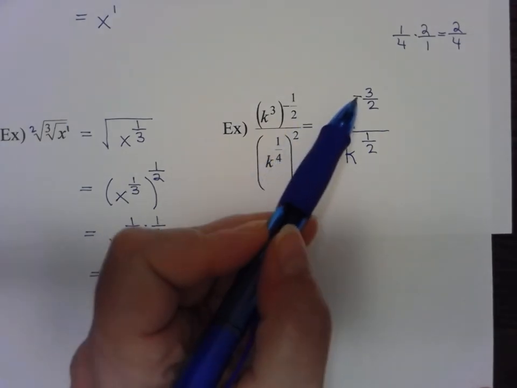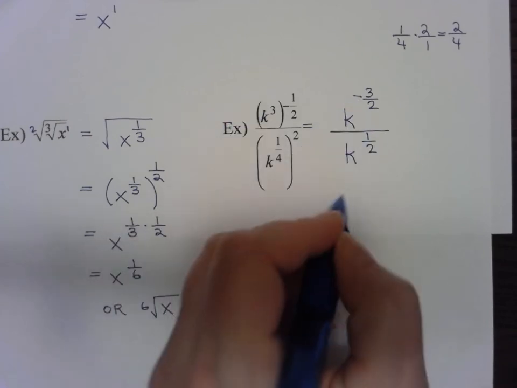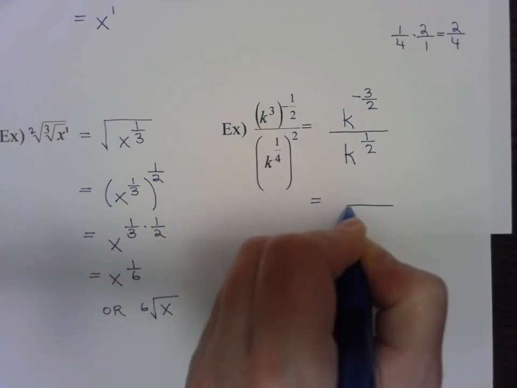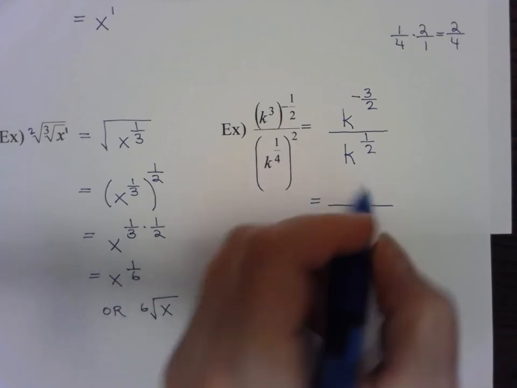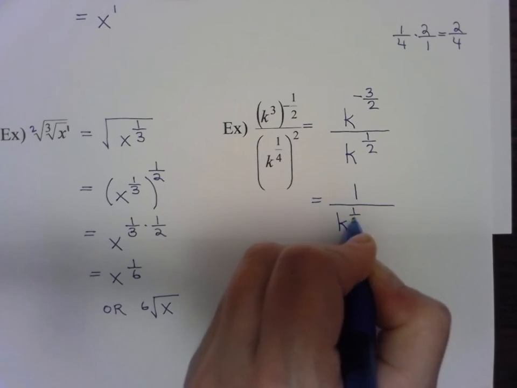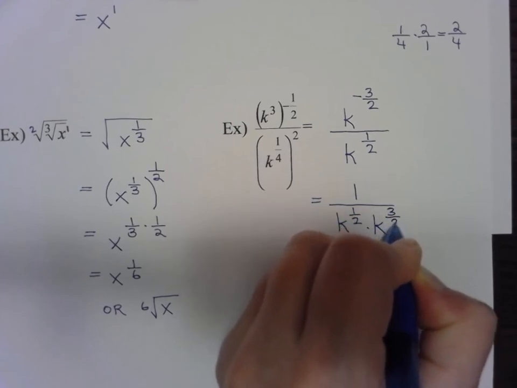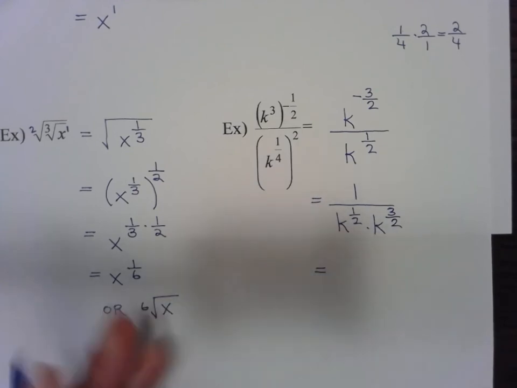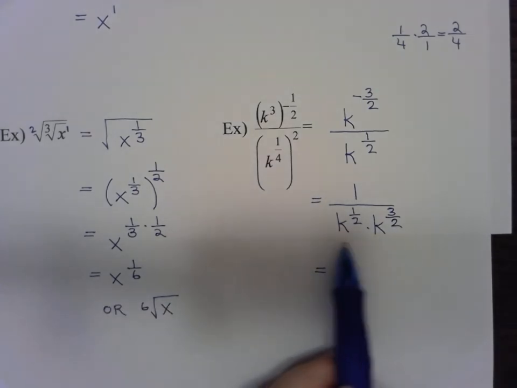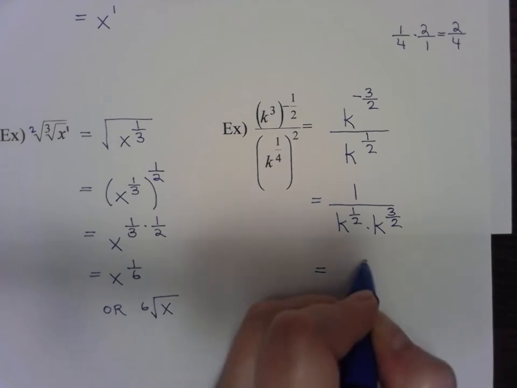Okay, the numerator has a negative exponent, which means that it's going to be brought down into the denominator. And since I'm bringing everything down in the bottom, I'm going to have a 1 left in the top. And then I would like to combine these k's all together into one. So what do I need to do with the exponents?